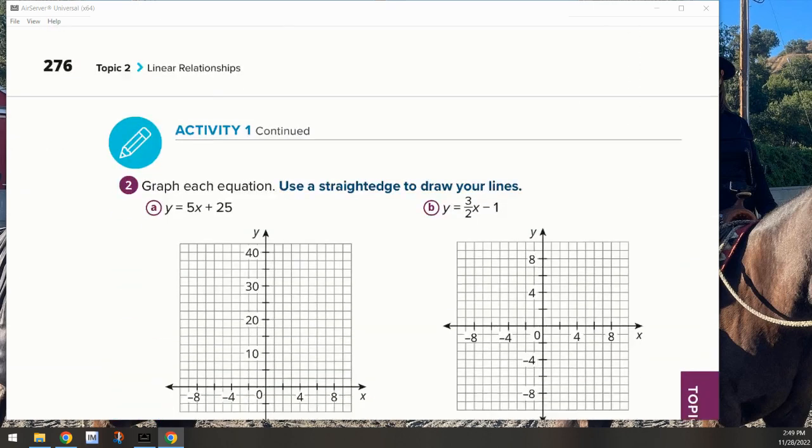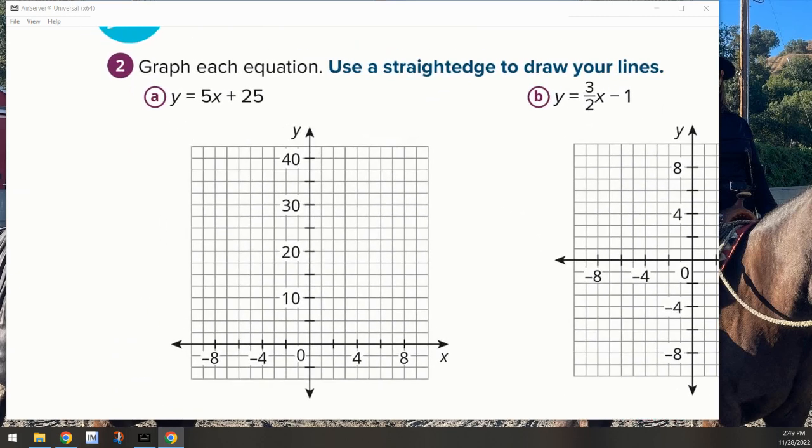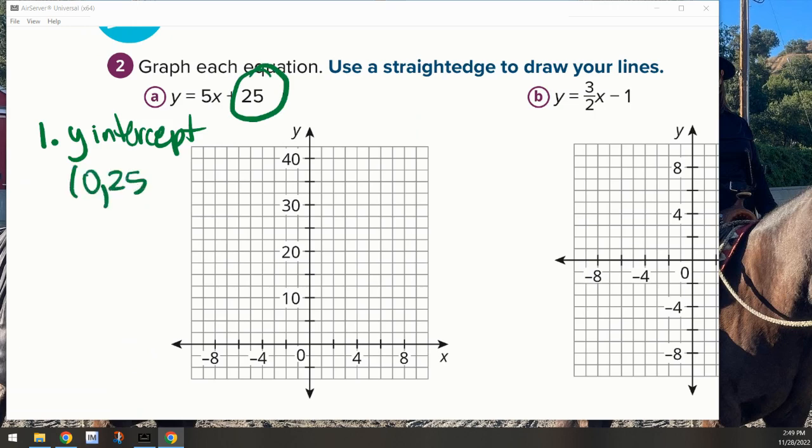So we're going to come down here. Okay? Here we go. The very first thing, y-intercept. The y-intercept is the lone number, so that's the point (0, 25). Second thing, we need to decide what the slope is. Well, the slope is right here.